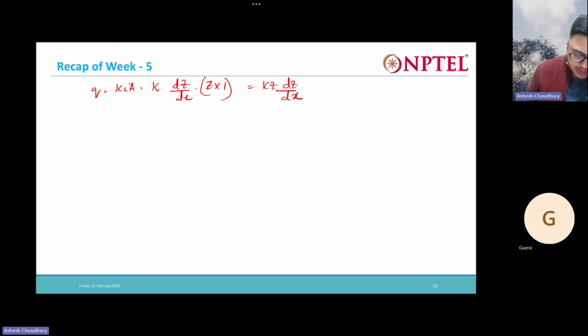Now, so as there is continuity in the flow, I can equate these two equations.